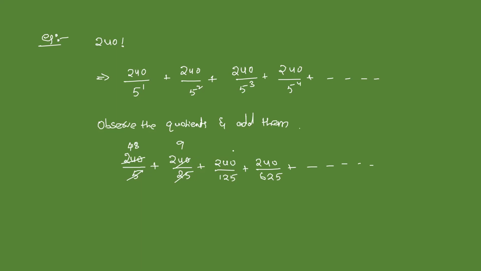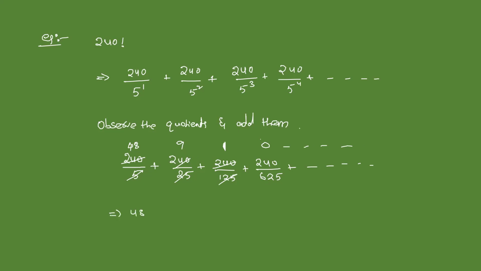This is the quotient; 9 is the quotient. Actually, 240 is not exactly divisible by 25, but we will get a quotient of 9. Please be careful with this one. Similarly, with 125 the quotient we will get is 1. Here anyway the quotient becomes 0. From here onwards, all the numbers will become 0, because the numerator is smaller than the denominator.